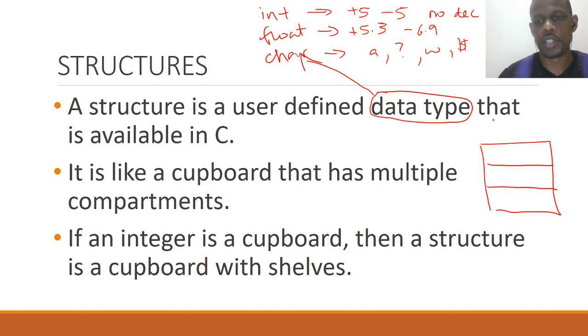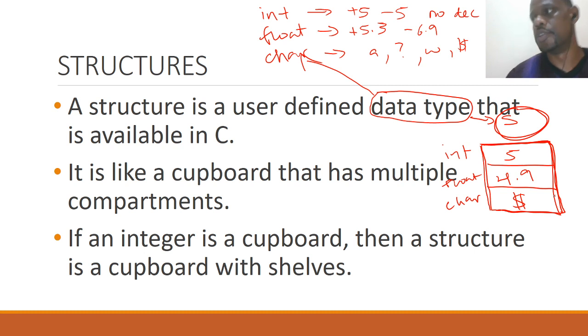So you could create one data type called, let's call it S, and you could put an integer, which could be 5, a float, which could be 4.9, and a character, which could be a dollar sign. The data type called S now consists of everything inside this cupboard.